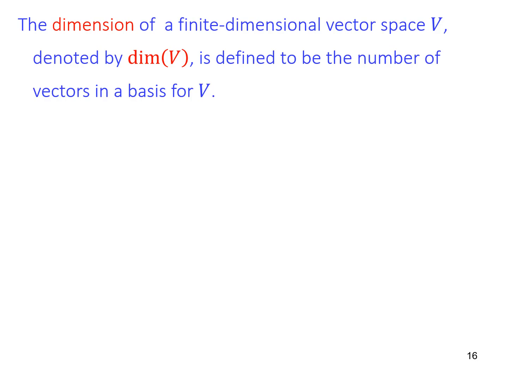The dimension of a finite dimensional vector space V, denoted by dim V, is defined to be the number of vectors in a basis for V. We have seen earlier that every basis for V has the same number of elements.